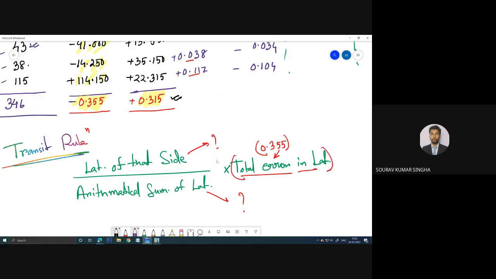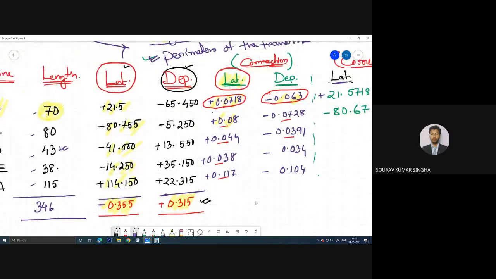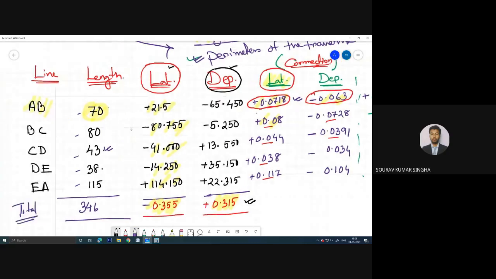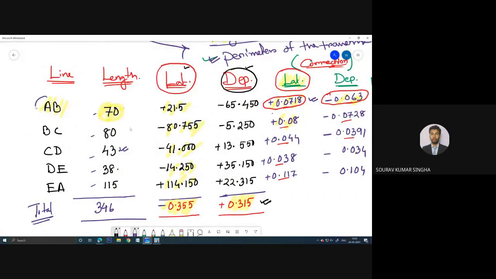Now how can we determine the latitude of that side? When I want to determine this particular row, we need to see in which side we have this value. This is in side AB, where we have line AB. So what is the latitude of that line?